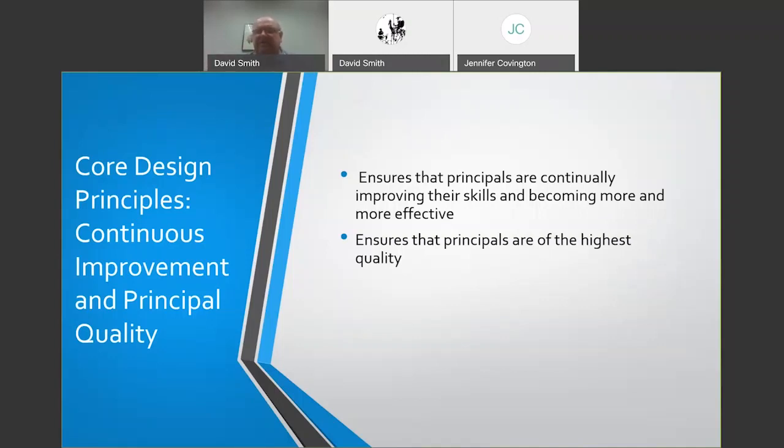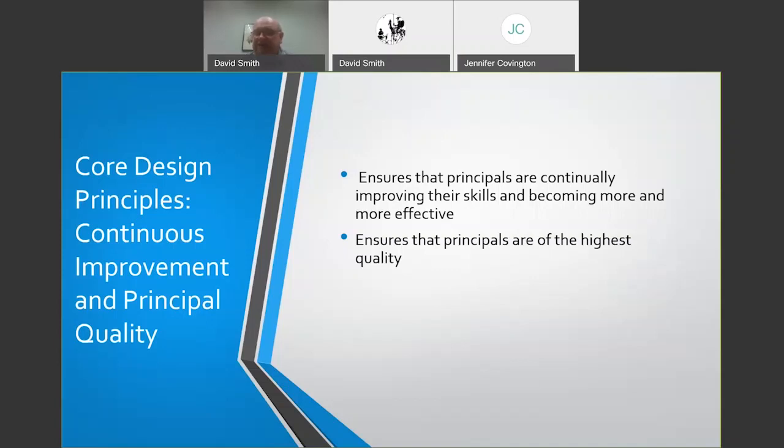The same thing that we're trying to do with teacher evaluations. So that's one of our design principles. We want our principals to be continuously improving their skills and becoming more effective. And then we also want to ensure high quality.